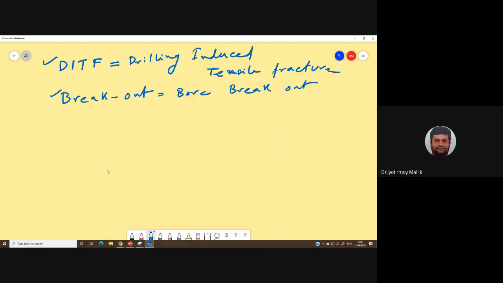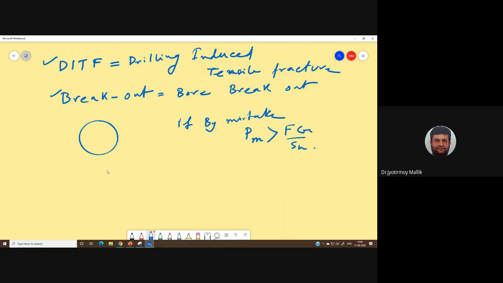Okay, so what happens? Suppose I am looking at a borehole, and this is the cross section of the borehole. If by mistake the mud pressure becomes more than the fracture gradient, or becomes more than the minimum horizontal stress, okay, we create two types of fractures.